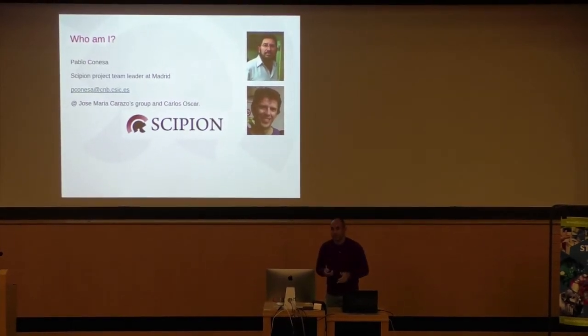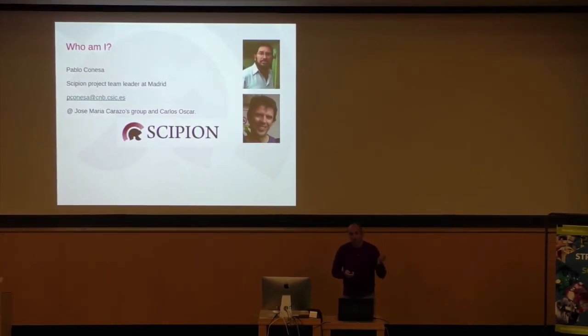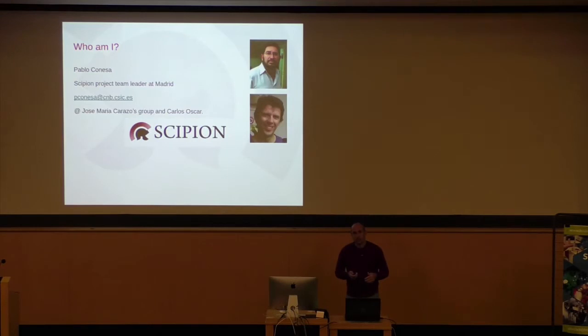Grigory is also actively contributing, and many others. It's nice to see more and more people joining the project from different locations. I'm in Jose Maria Carazo's group with Carlos Oscar, and we have a long history of software development that started with Xmipp.